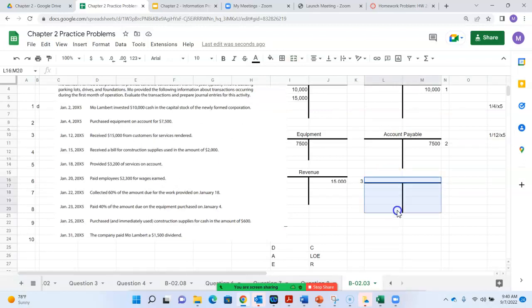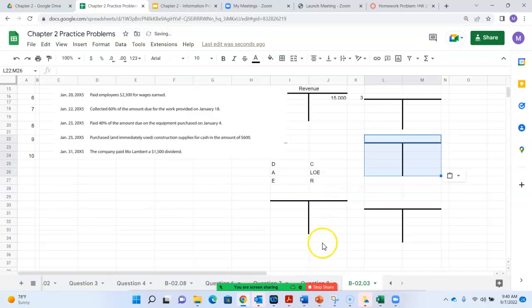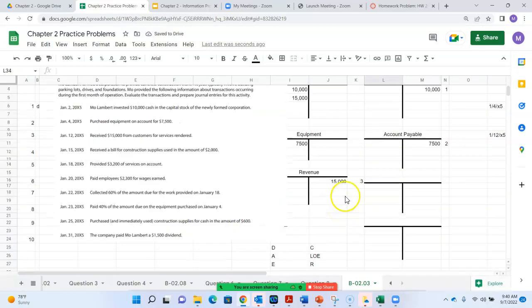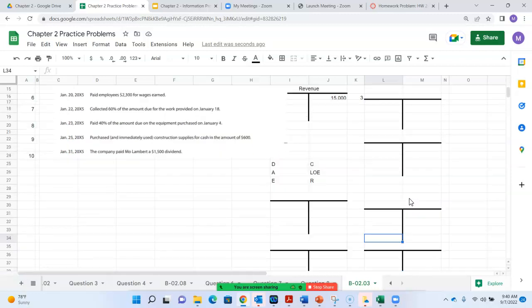And while I have some of these, let's make some extras. Oh, we got some more down here too. So received a bill for construction supplies used in the amount of $2,000. So supplies expense. We'll do this one down here.